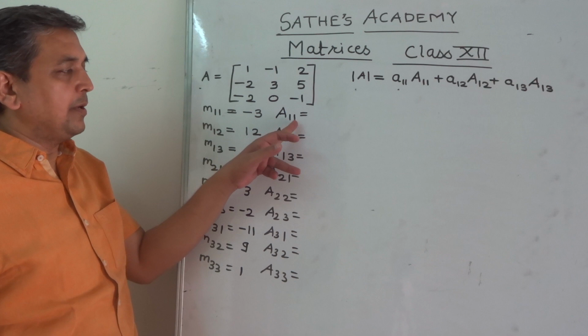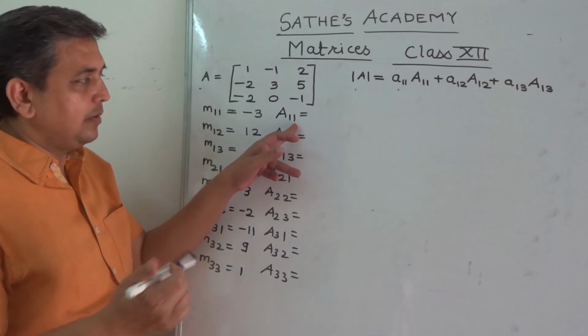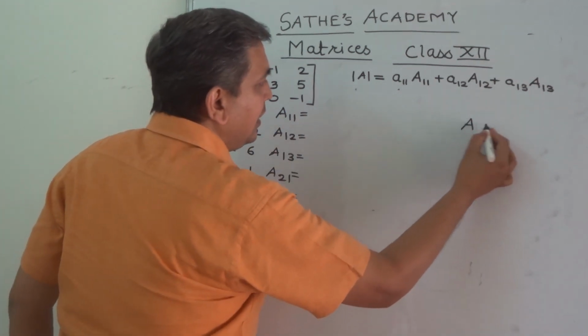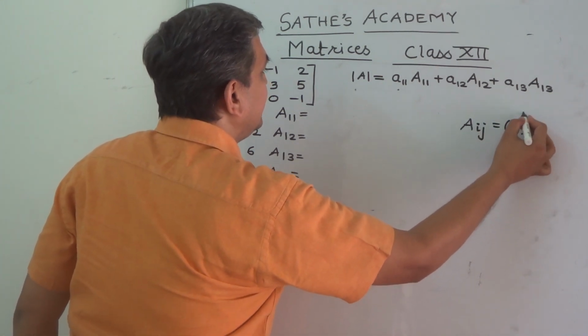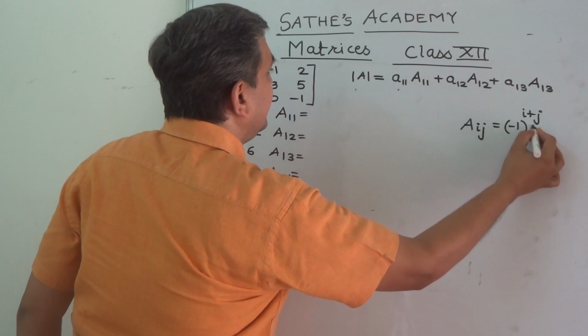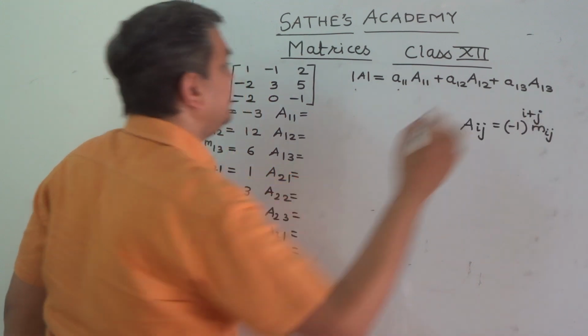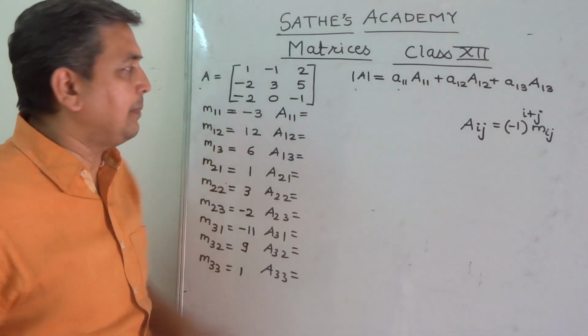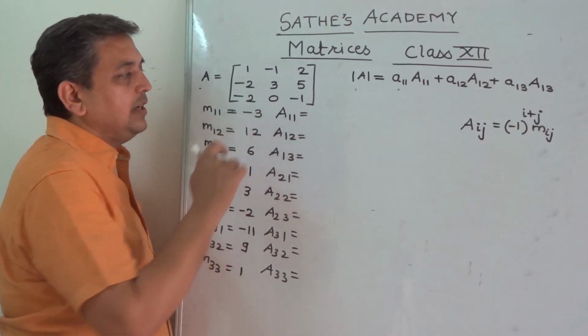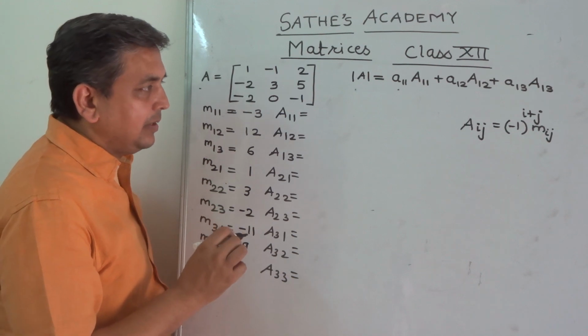A11, 1 plus 1 is 2. We know the formula. Aij equal to minus 1 raised to i plus j into Mij. We have to multiply Mij by minus 1 raised to i plus j. Now 1 plus 1 is 2, even number.